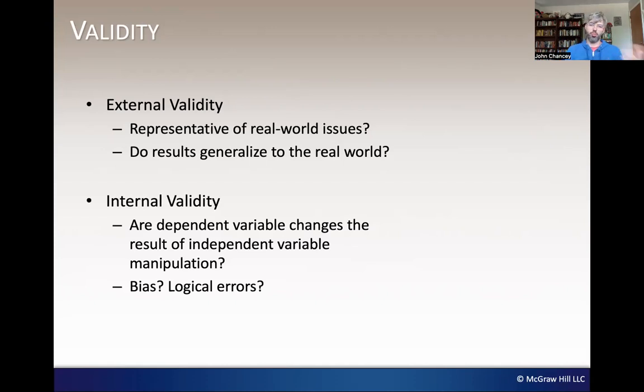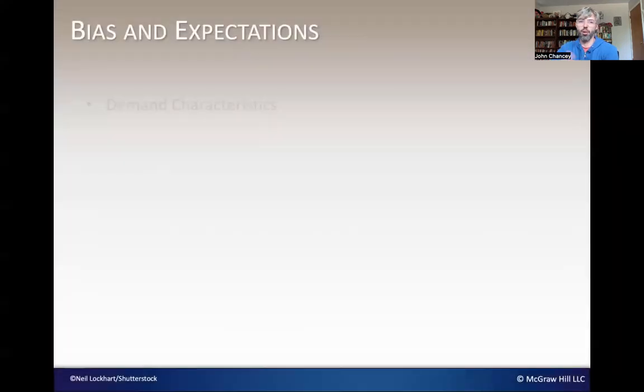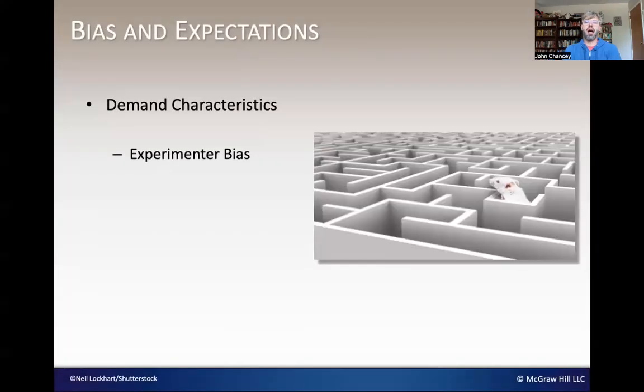These are things that you can explore statistically and otherwise in your research, but you want to be aware of. And the idea behind this kind of rigorous approach to science is to avoid bias. We want to try as much as we can. Humans are biased. We're flawed. It's hard to keep our bias out of things, but we have to try our best to do that. And one of those is called experimenter bias.